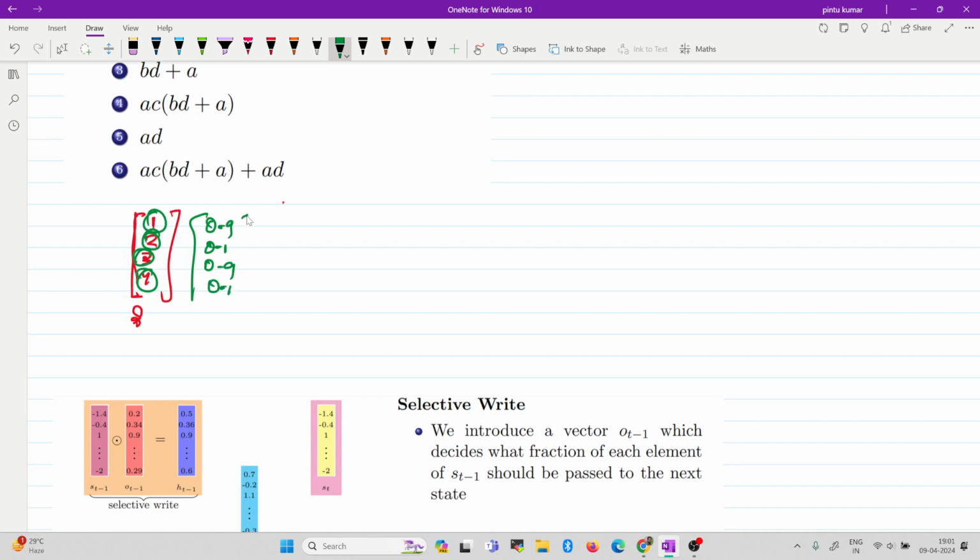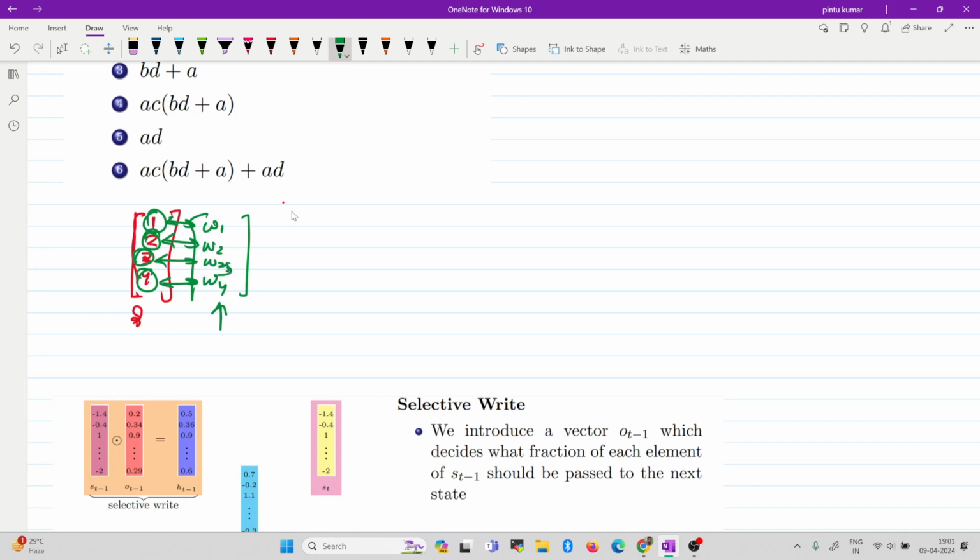Now, what LSTMs or GRUs do is, rather than us giving them these explicit weights to multiply each element with, this would be point-wise multiplication, not vector multiplication. Rather than giving them the explicit weights, they will multiply with some weights that depend on some parameters that we'll come to, let's say W2, W3, W4.